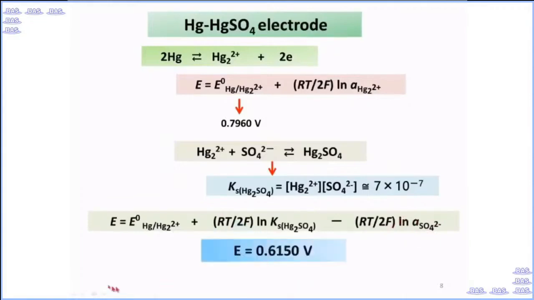Here, this value shifts to 640 millivolt for the saturated case of SO4.